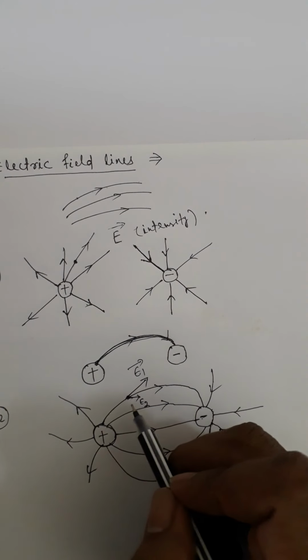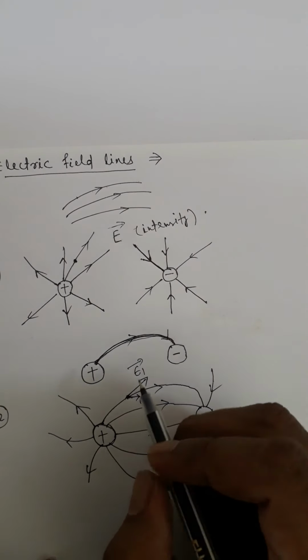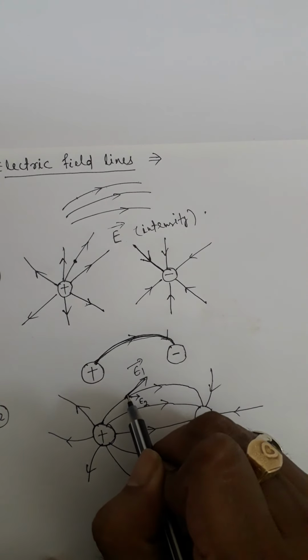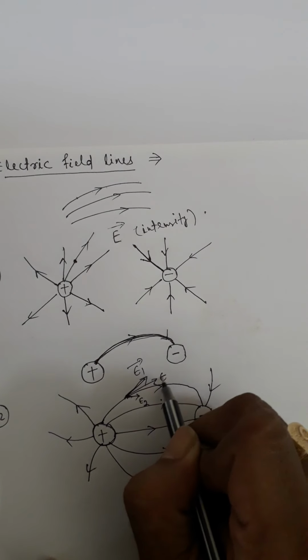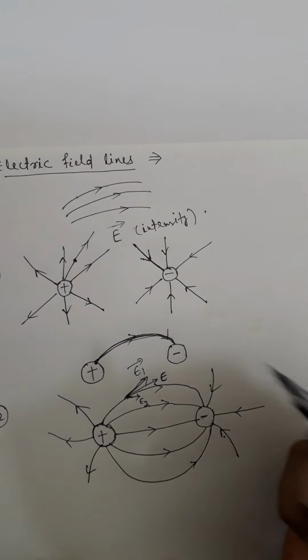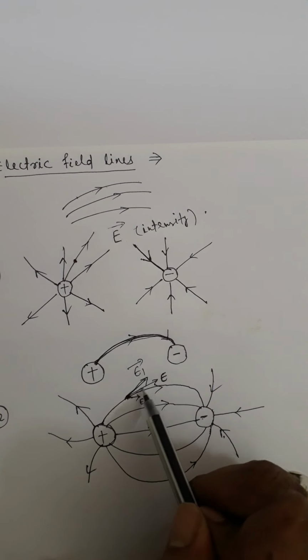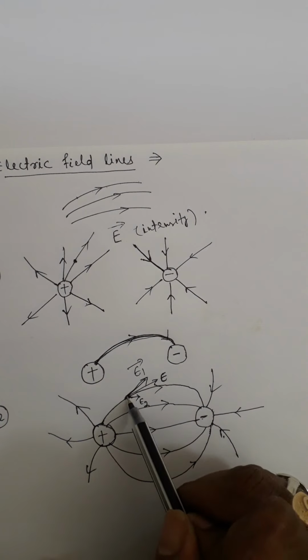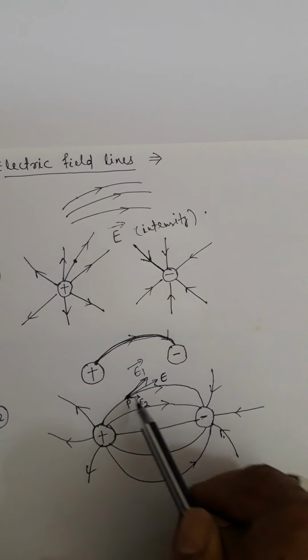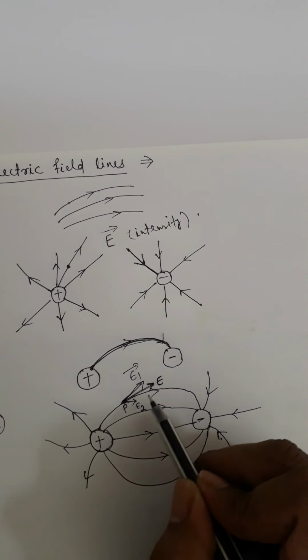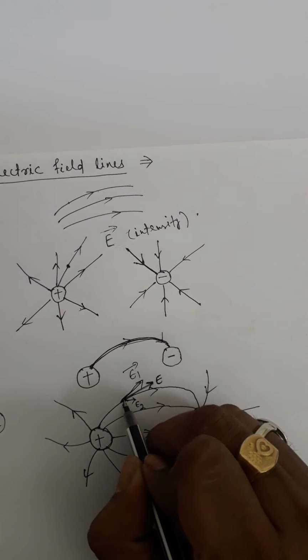So here the resultant electric field is the vector sum of this E1 and E2, and it is in this direction. This is the resultant electric field, and we observe that this resultant direction of electric field is the tangent drawn on the field line at this point. Suppose this point is P, and this tangent will show the resultant direction or the direction of electric field.